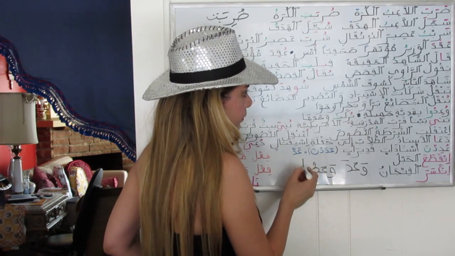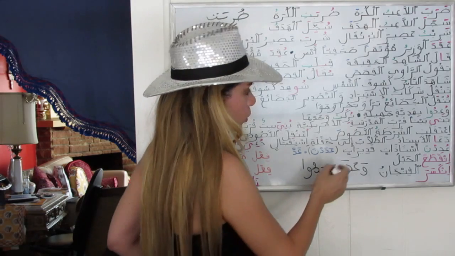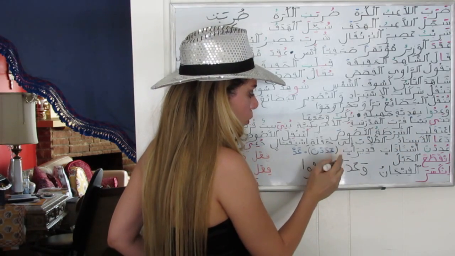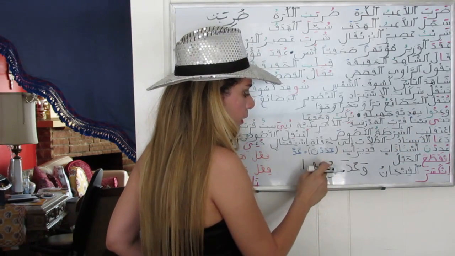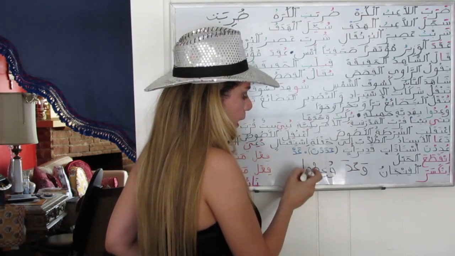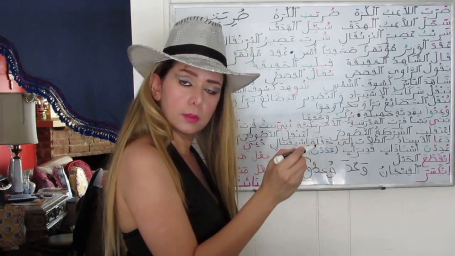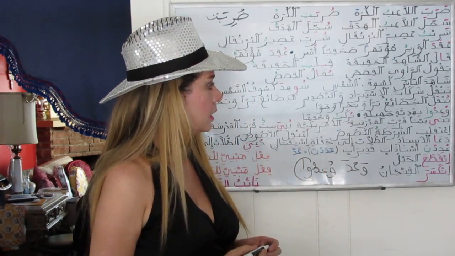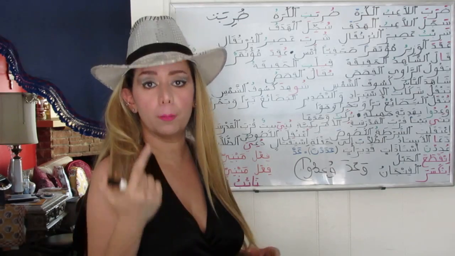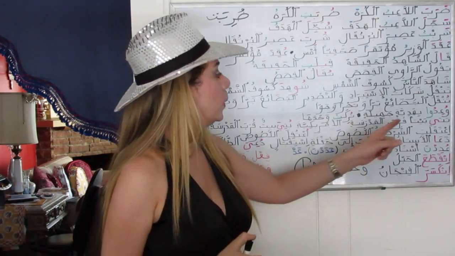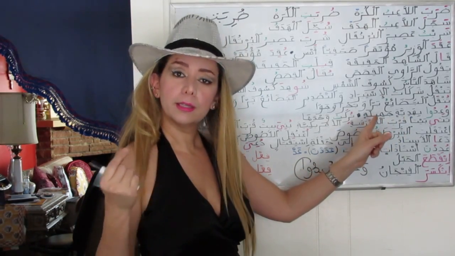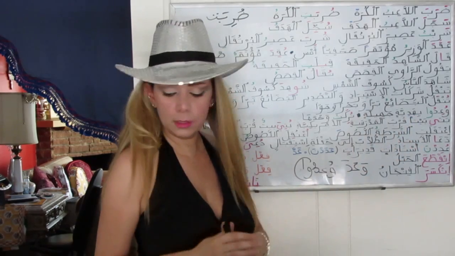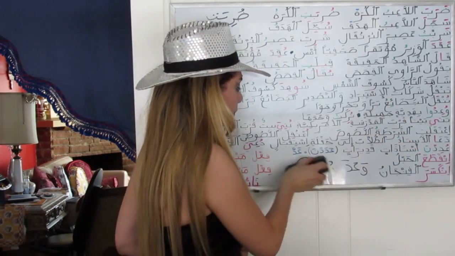Okay? وعدوا, you use the U for the first radical, I for the second, and you keep this suffix as is. وعدوا, they were promised, okay, with a beautiful gift. بهدية جميلة.